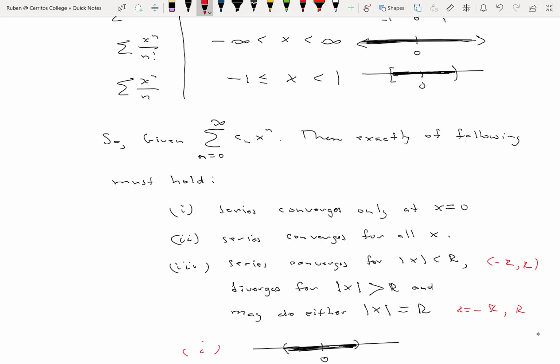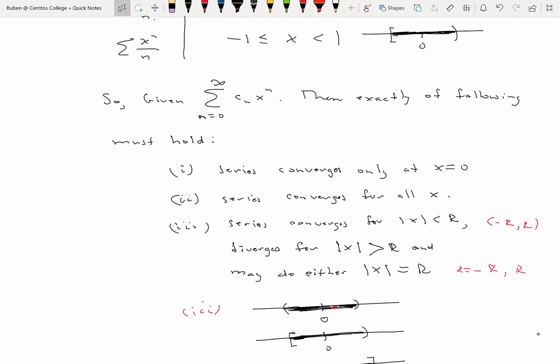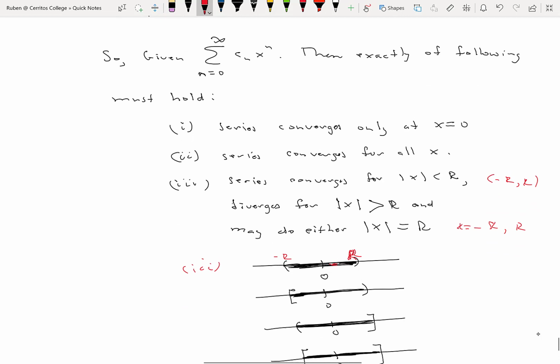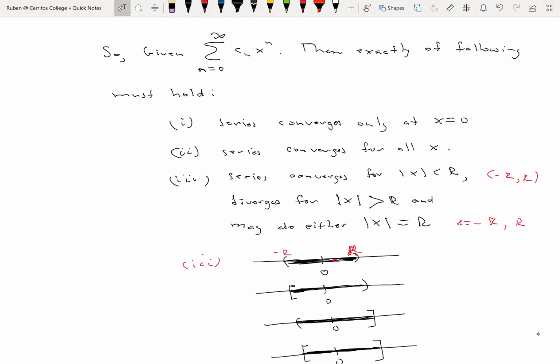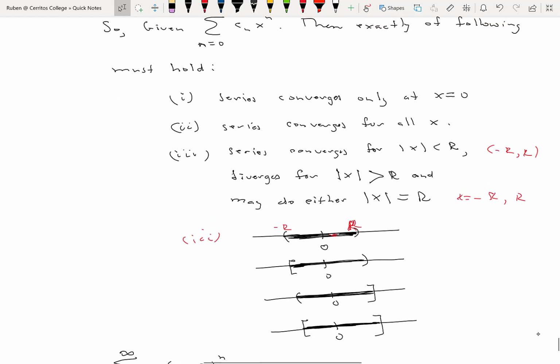Our third case says that the series can converge on an open interval centered at 0 from negative r to r, a half open interval from negative r to r with convergence at the left but divergence at the right, the opposite of that, divergence at negative r and convergence at positive r, or convergence at both endpoints.